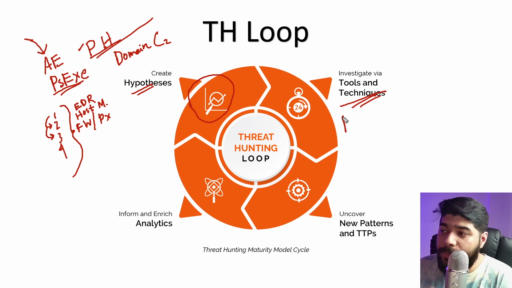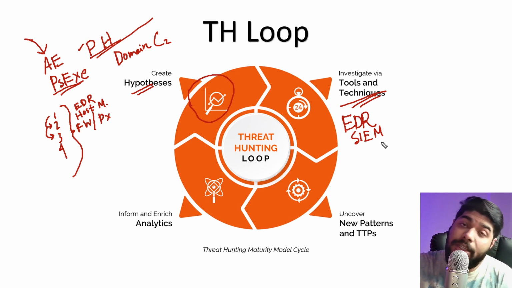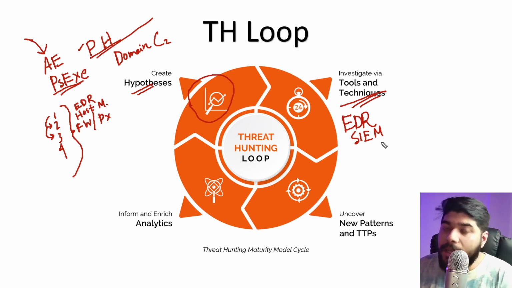Some organizations will have an EDR solution, some will have a SIEM solution. They might not have an EDR platform, but they might be very rich in their data collection. So you have to identify what tools you have to map for this particular threat hypothesis to run your hunting job.